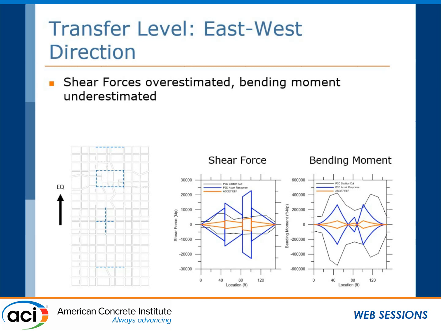But for some reason the bending is being underestimated, maybe because the diaphragm is much more flexible than what we thought with the simplified method. With the simplified method, we assumed a rigid beam, so it didn't take into account the fact that the transfer level is much more of a semi-rigid rather than a rigid beam.